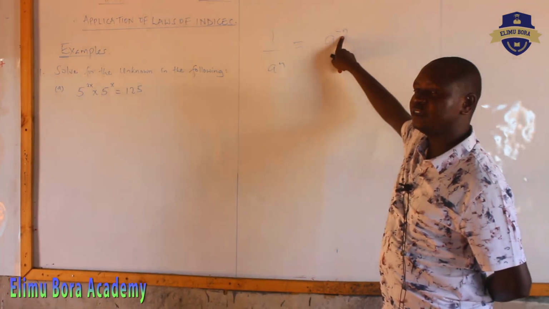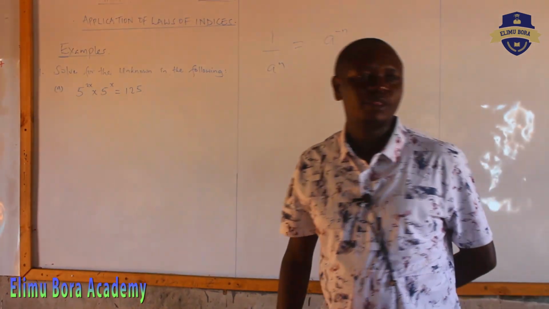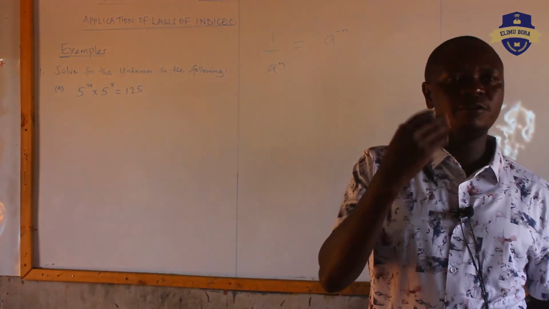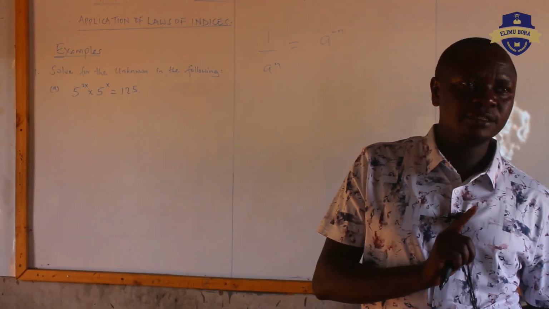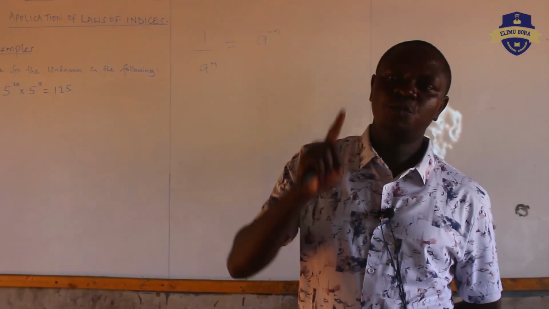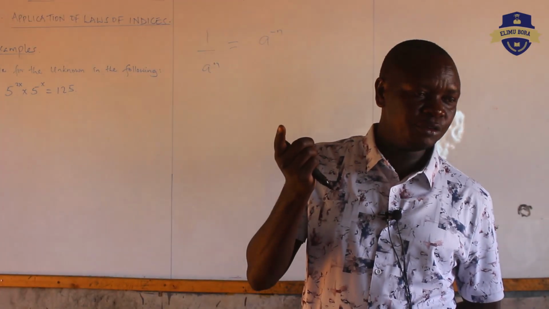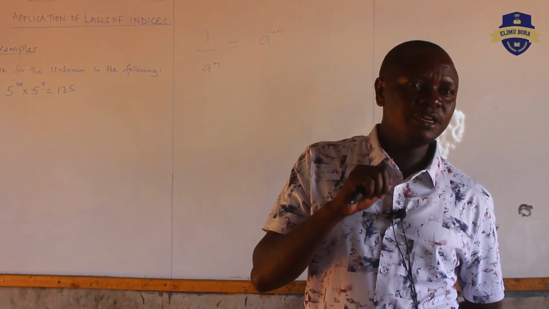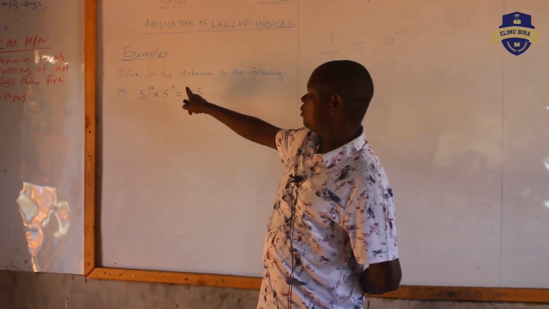That is why it is called negative indices. Then the last one is fractional indices, whereby you find the factors of a number and you multiply the power of it with the power of the indices. Are we together? That is called fractional indices.